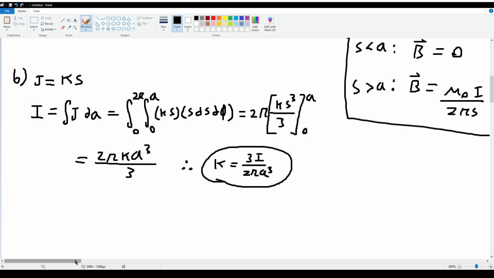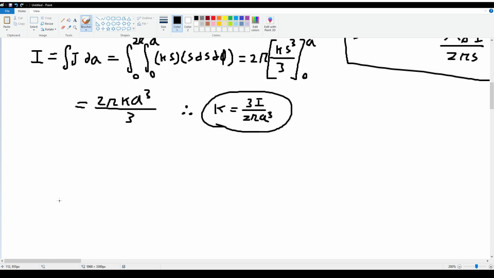Now we can look at our two cases. For our radius less than a, so the inner loop, again, recall Ampere's law, B dot dl equals mu naught I enclosed.